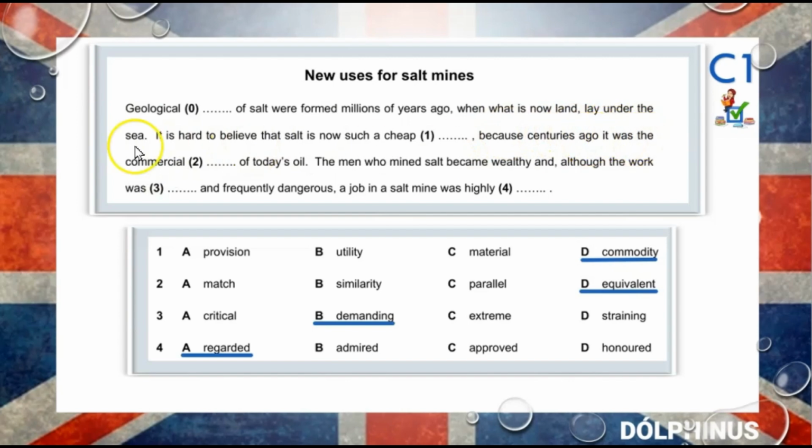Centuries ago, it was the commercial equivalent of today's oil. In both, they're giving you extra information in the meaning in order to fit in the gap and its context. In fixed expressions, we can make reference to highly regarded, meaning that they are greatly respected, admired, or valued.